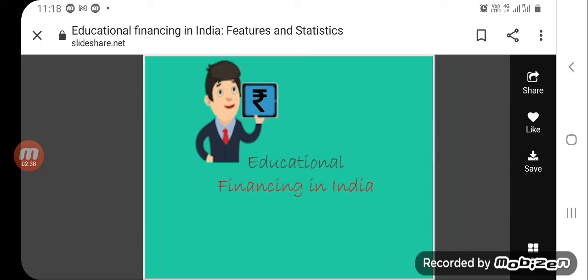You will be able to explain different aspects of the finance commission in India. You will be able to explain the pressure exerted by different stakeholders in the case of providing funds for different activities related to education. So let me bring you to the topic.